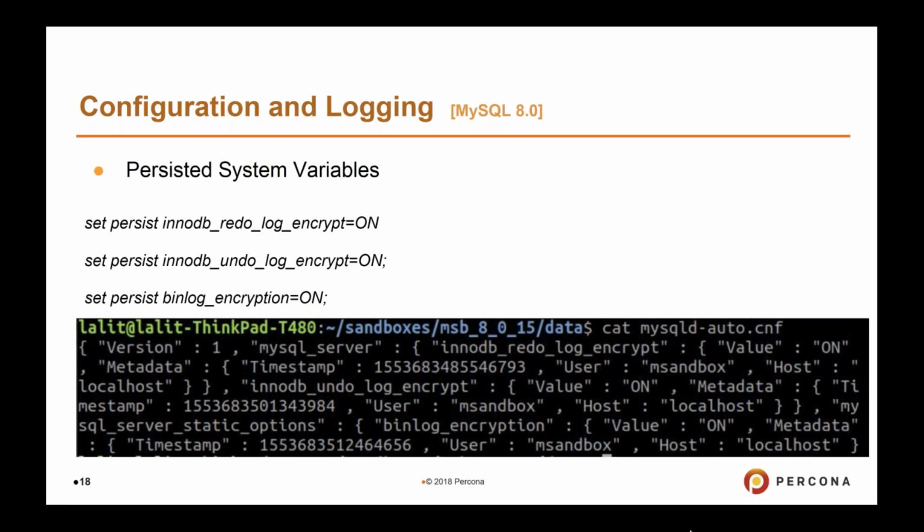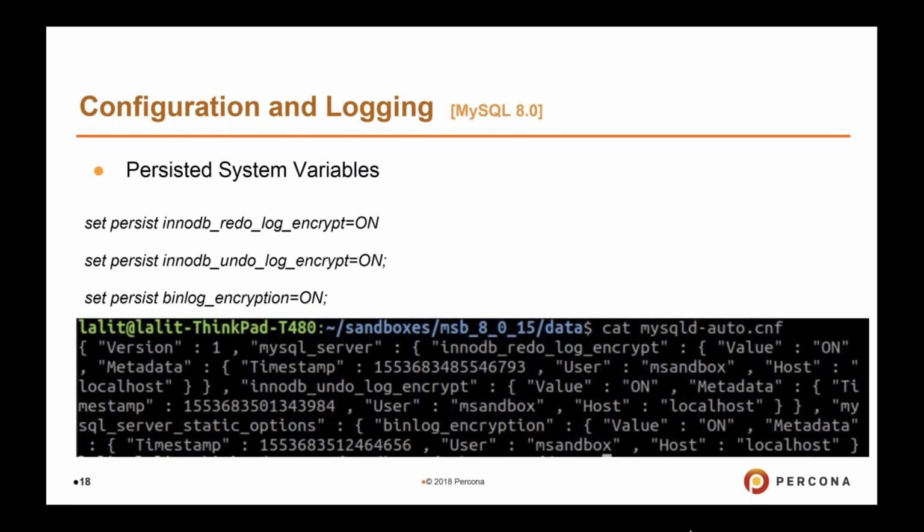To avoid this situation, definitely we cannot remember what we did in the last 6 months, and there is a chance of forgetting such things. So while setting dynamically, you can use the PERSIST option: SET PERSIST binlog_encryption = ON.